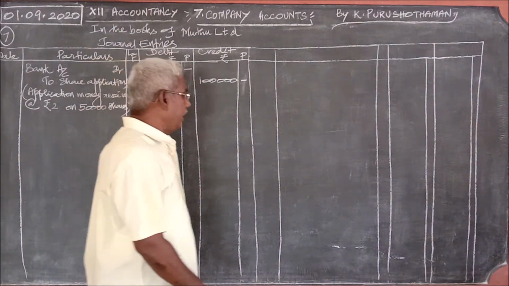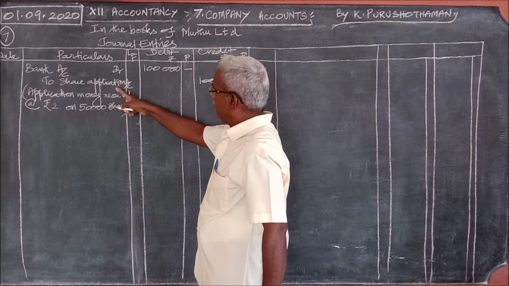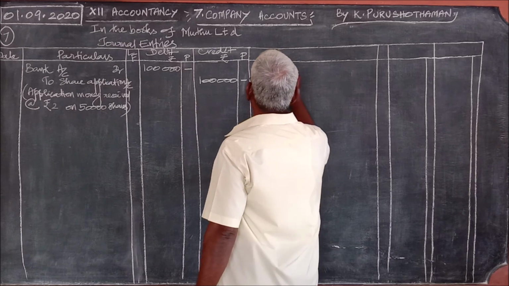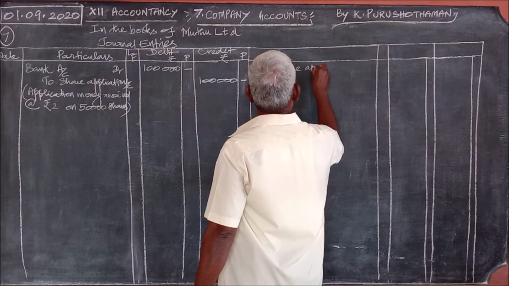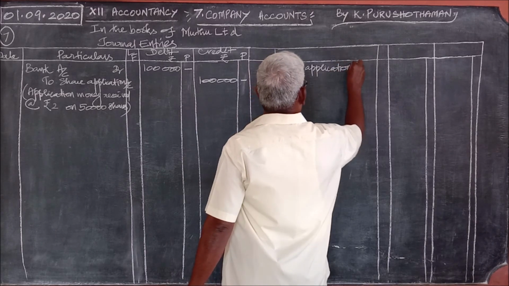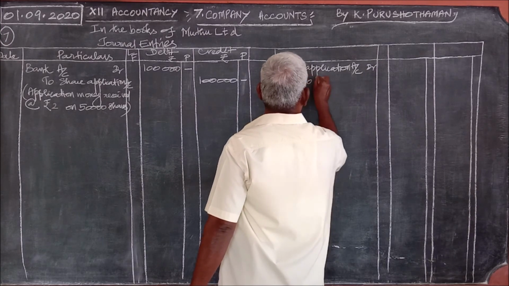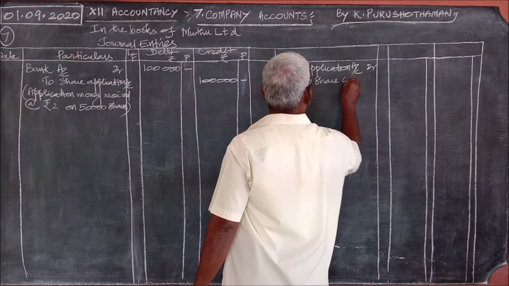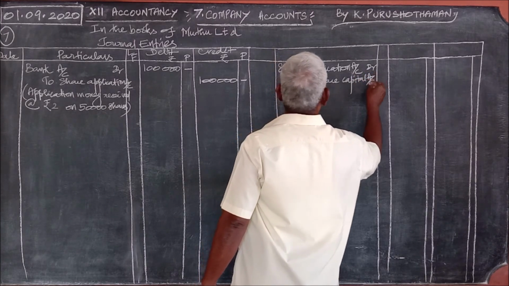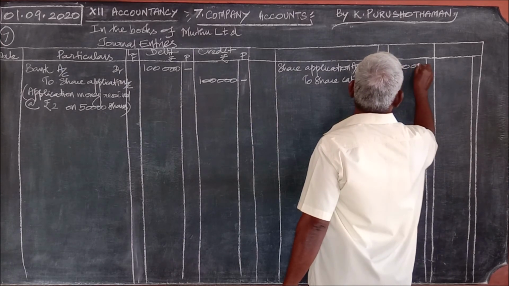Then what should be the second journal entry for this? Share application account debit to share capital account. The same amount, 1 lakh.